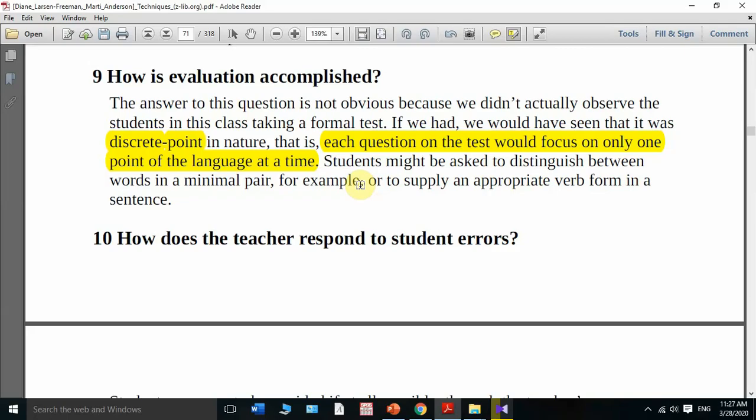So you're focusing on just one point of the language. Say you focus on simple past irregular forms, and then you test your students on whether they have learned it or not.